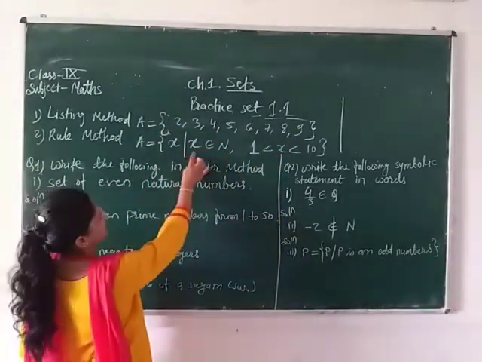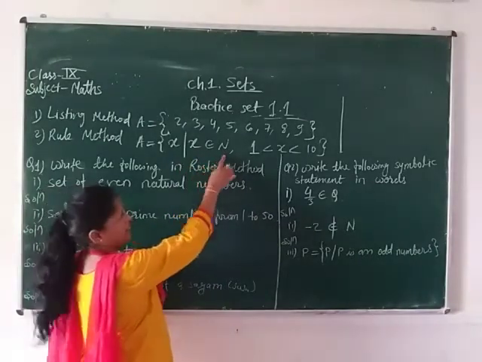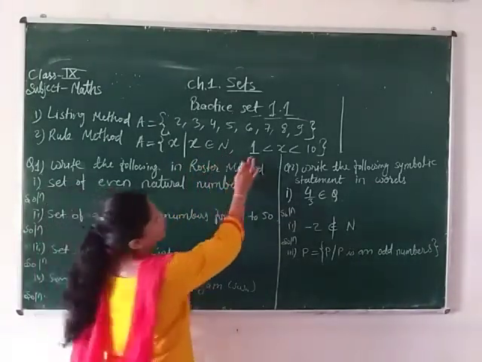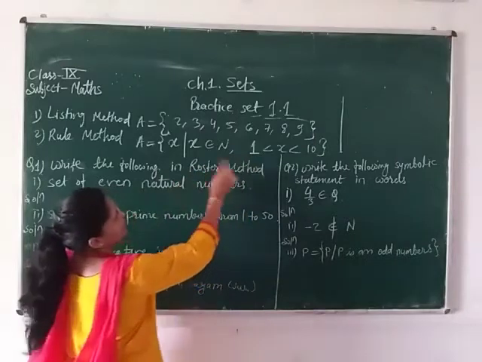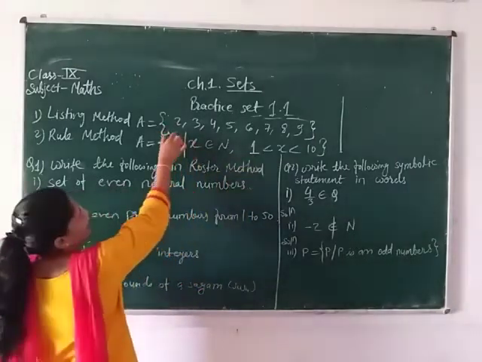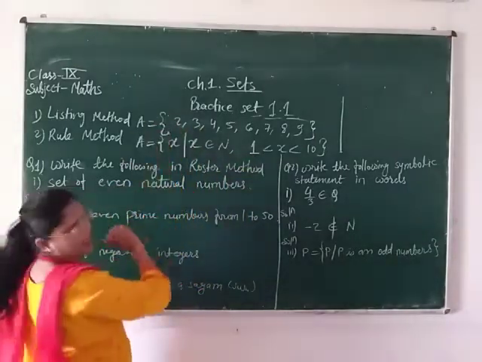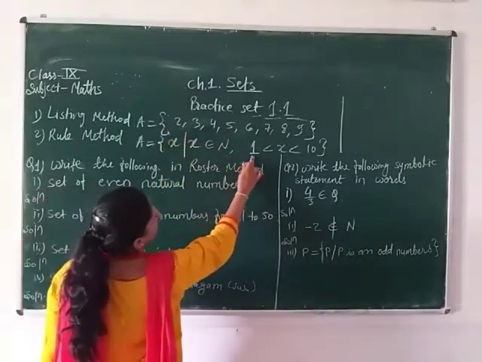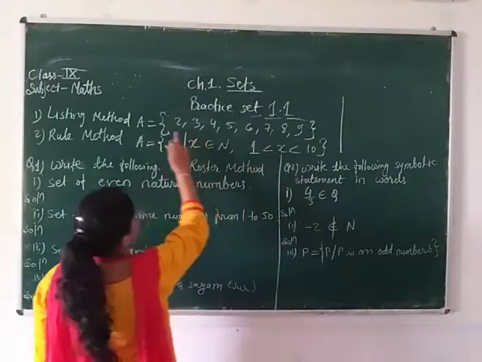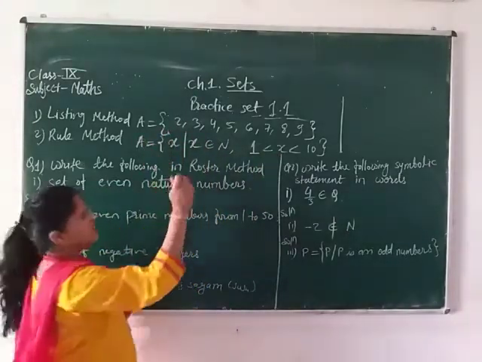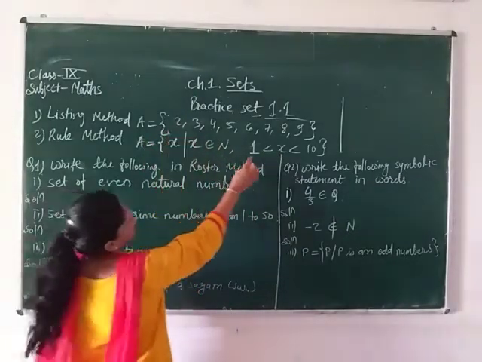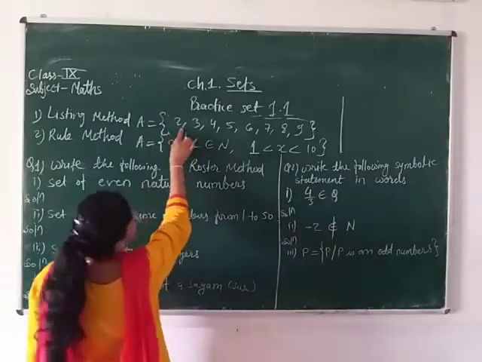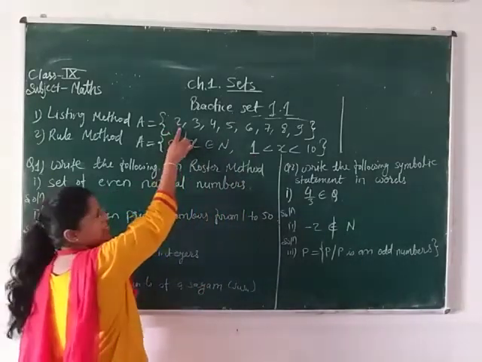Then comma, 1 is less than x, because I am taking the example from the listing method, where there is no 1, so the smallest is 2.